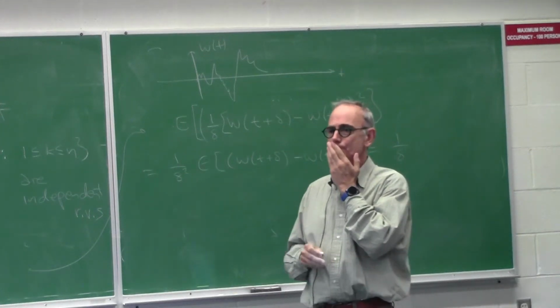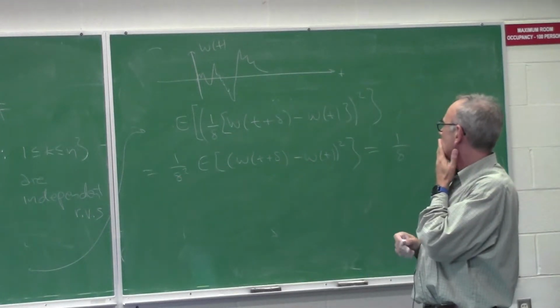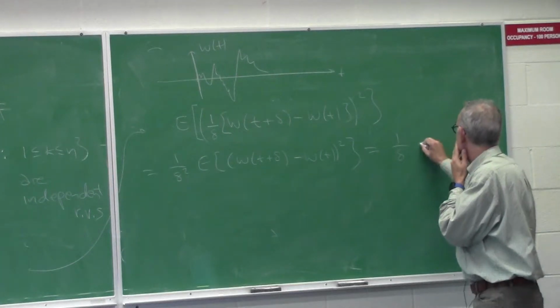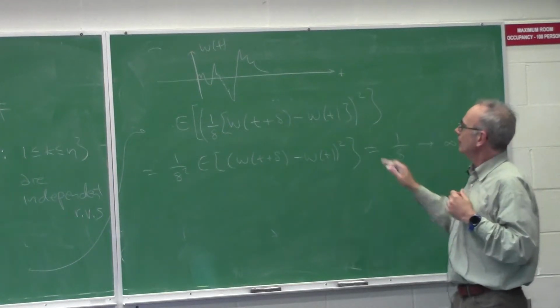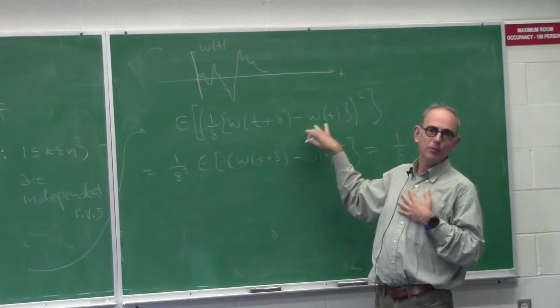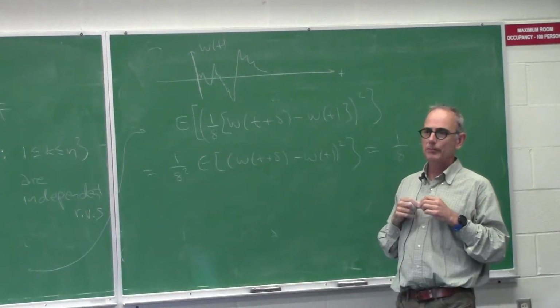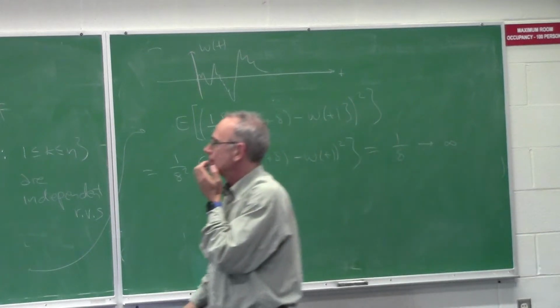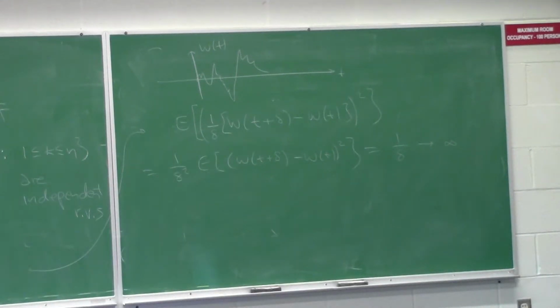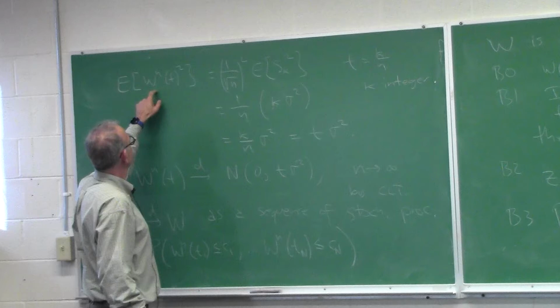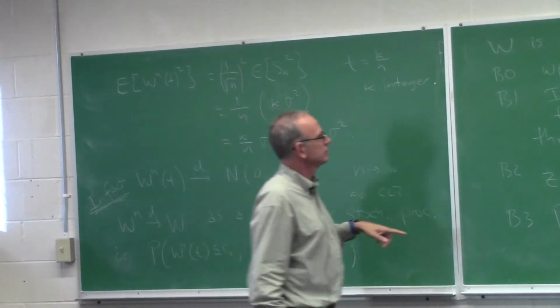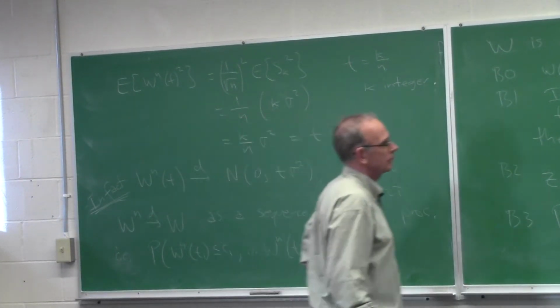And so that goes to infinity. So the expectation of the second moment of the pre-derivative goes to infinity like 1 over delta.